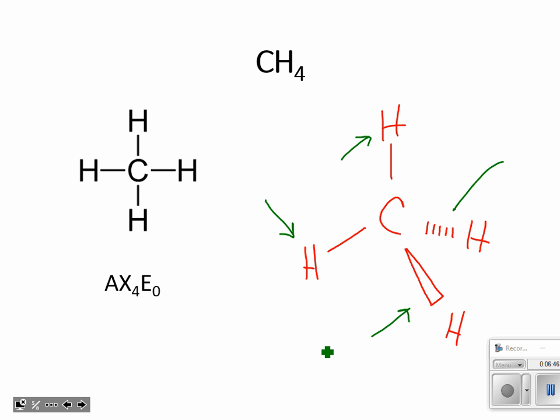This bond with the hydrogen and those hashes is projecting back into the wall. So my correct Fisher projection for methane is that whole guy right there.